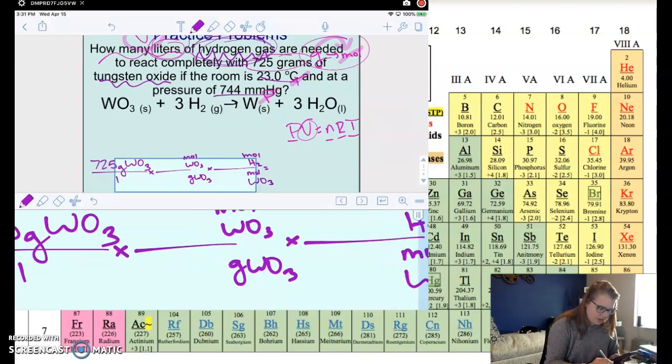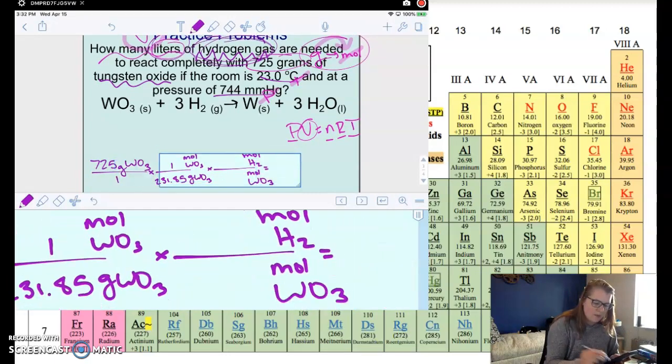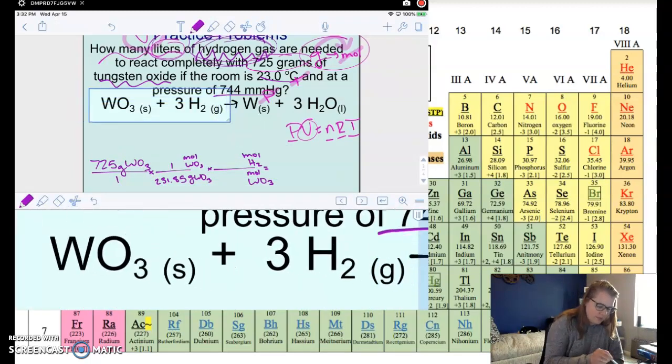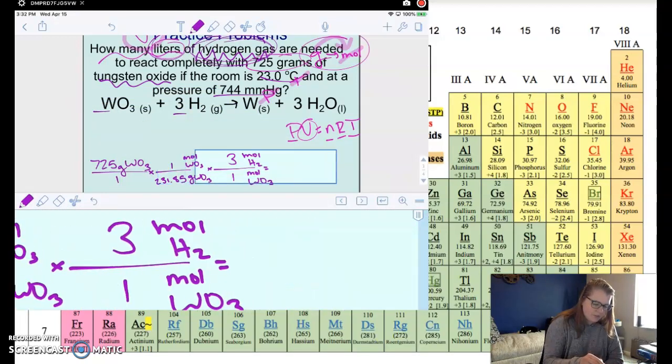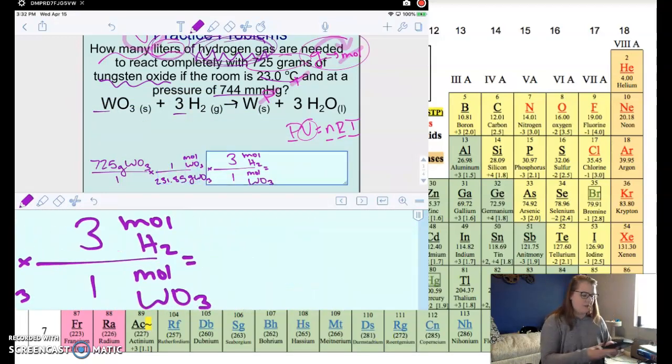I'm getting 231.85 grams in 1 mole. And then remember, for the ratio, we look to the coefficients. So it looks like this is a 1 to 3 ratio. So I'll go ahead and solve for that.